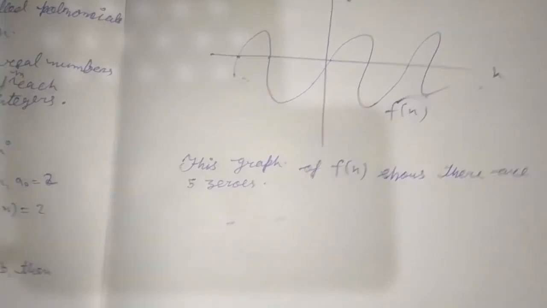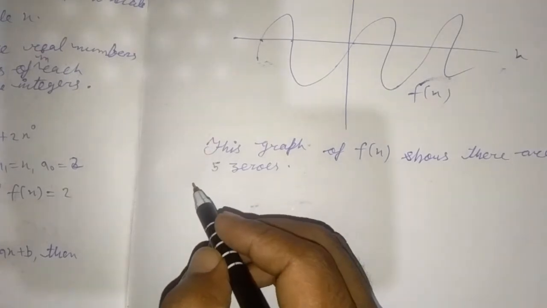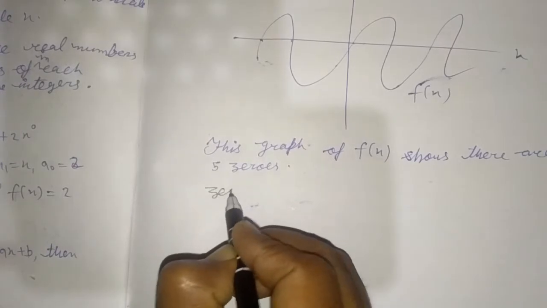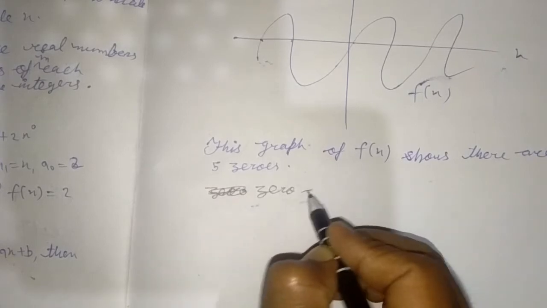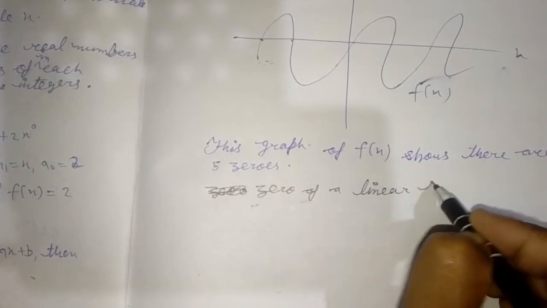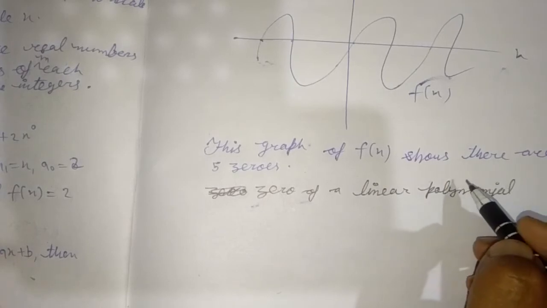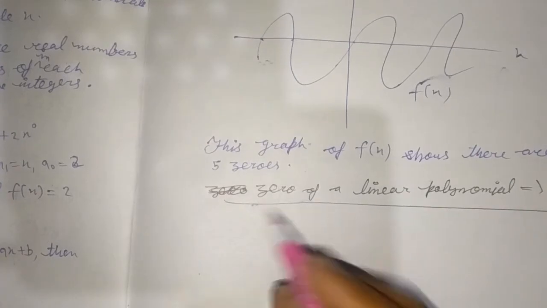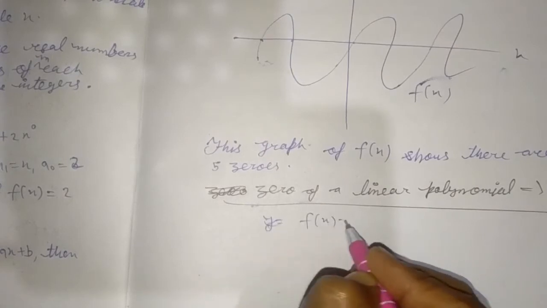So our next heading is zero of a linear polynomial by geometrical representation. Okay, so now look, suppose y equals f(x) is equal to ax plus b.